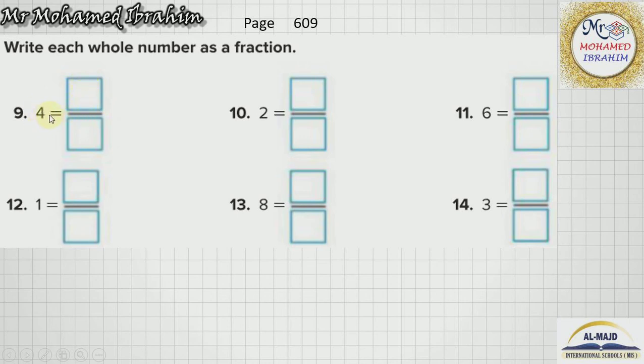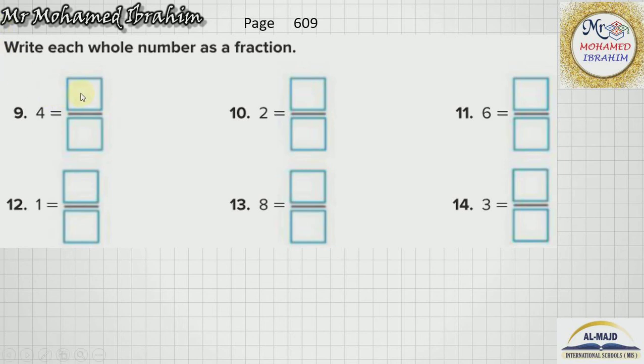This is a whole number. Whole number means integer. Any integer, we call it a whole number. It means full number. For example, if you have 3 and a half, 3 is an integer or whole number. The half is a fraction.